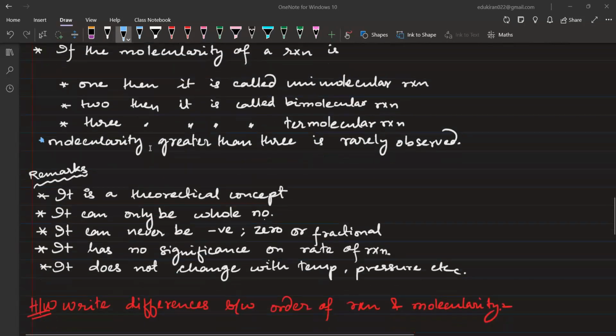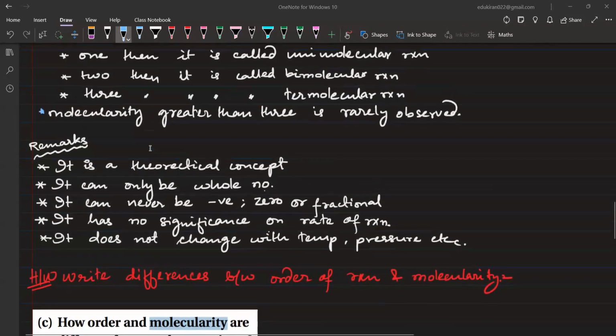Now these are the remarks in comparison to the order of reaction. Order of reaction was an experimental concept, molecularity is a theoretical concept. Order of reaction can be positive, negative, zero, fraction, but molecularity can only be a whole number, it cannot even be zero. Whole number is not right, I think we should have written natural number. It can never be negative, zero or fraction.